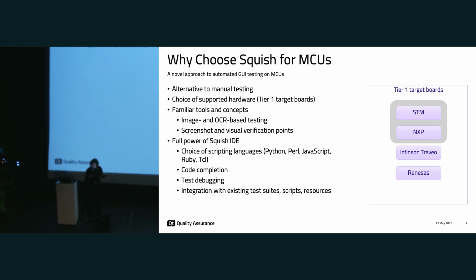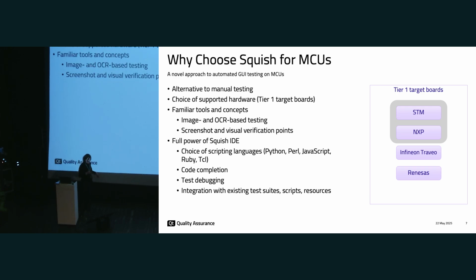And out of these four boards, for vendors with the highest level of support, we support these two, STM and NXP's. And if you ever use Squish for testing anything at all, Qt, but also Windows, Web, Java, whatever, you will find all these concepts that we use for testing MCUs very familiar.